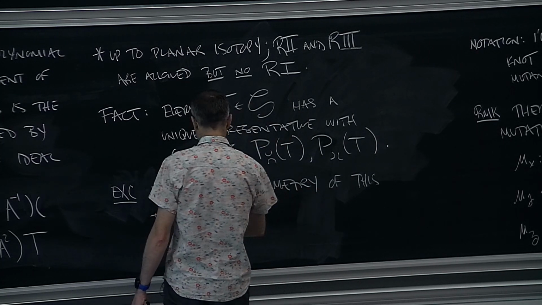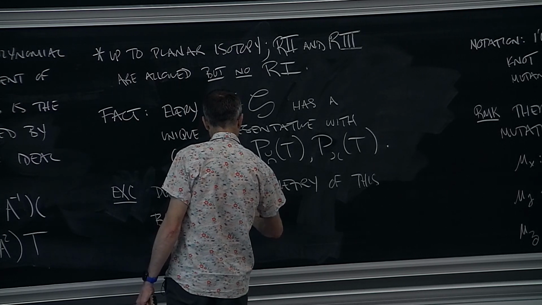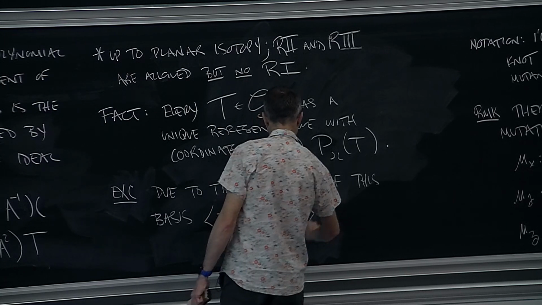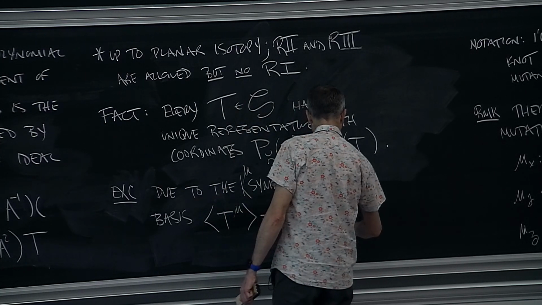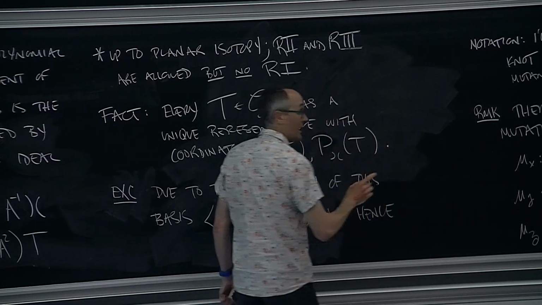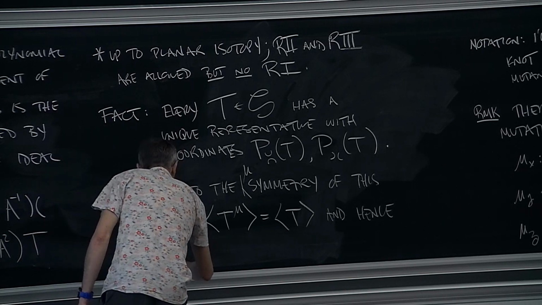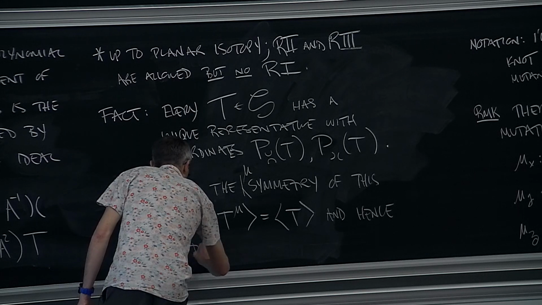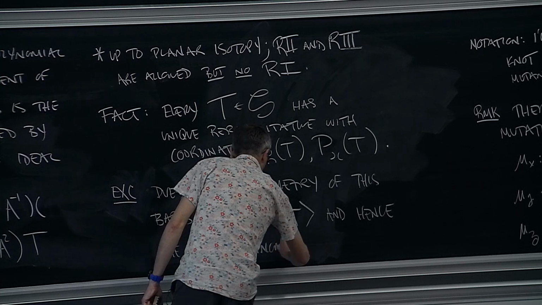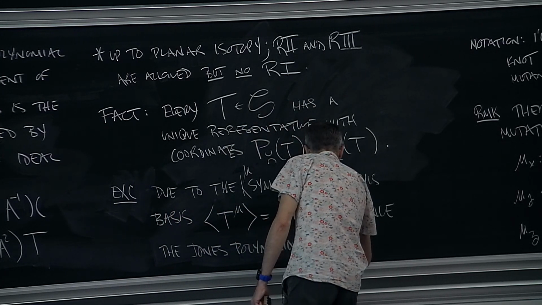Because of this symmetry, the bracket of T mu is the same as the bracket of T. And if you choose orientations on your knot on which you're doing mutation, then you'll get that the Jones polynomial famously does not detect mutation.